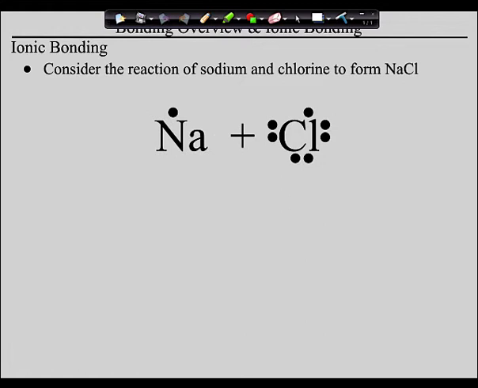Then you can think of it as being a free-floating electron that then falls into the chlorine. And relative to the chlorine, it falls from energy level infinity all the way down to the 3p in the chlorine atom, completing the 3p sublevel.